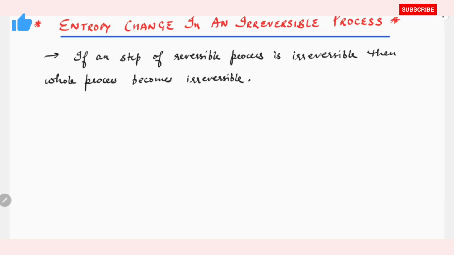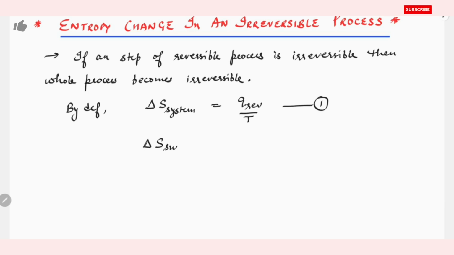So, starting here, entropy change of the system is given by Q reversible by T by the definition of entropy. Similarly, for the surroundings, now there is a change.